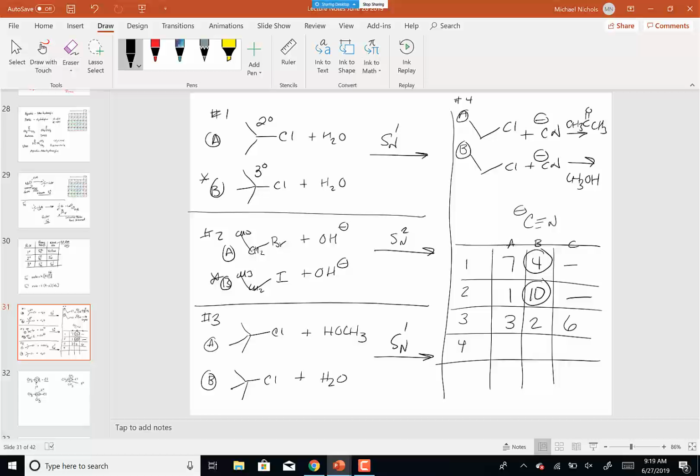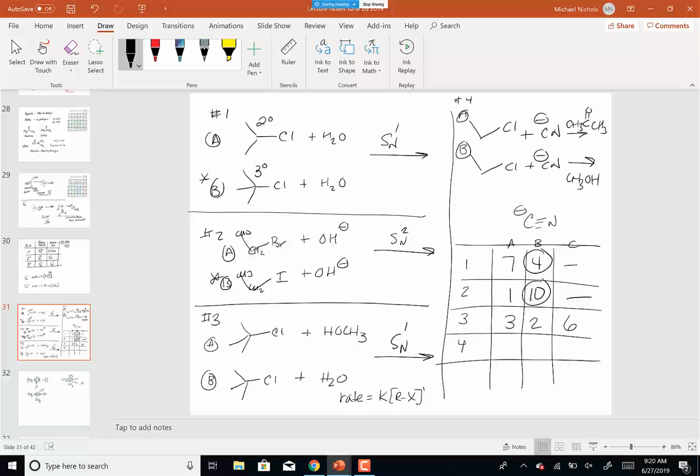Does the nucleophile strength affect the rate of an SN1 reaction? No? So for an SN1 reaction, the overall rate equation is only dependent on the alkyl halide concentration, because the first step is to form the carbocation.